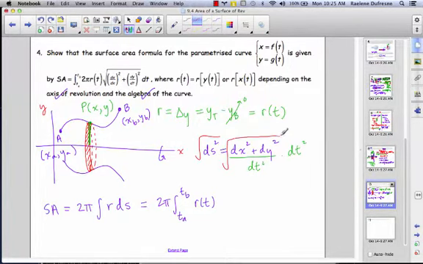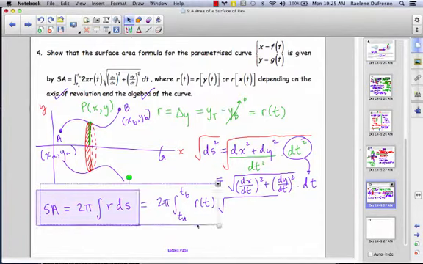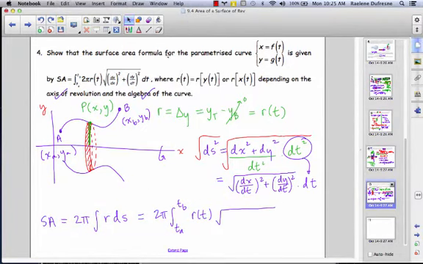Then we can take the square root of both sides, and that's going to give us a dt on the outside of the square root, and leaves us with dx by dt all squared plus dy by dt all squared under the square root. I'm just going to move that a little bit lower. Sorry, this will be our ds.